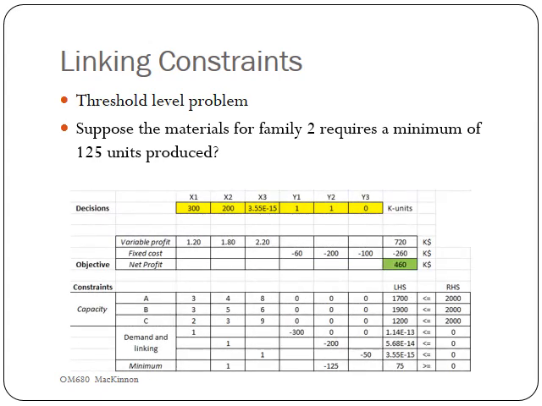So here's our model, okay? Notice that we're making 200 units of X2, of family 2, okay? So we are above that minimum.